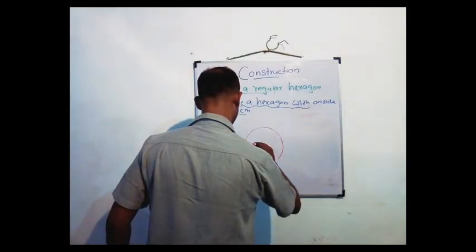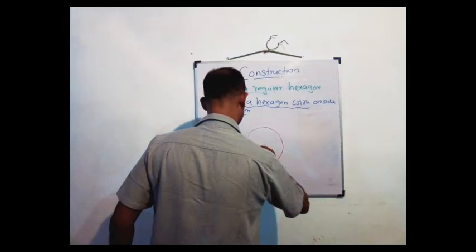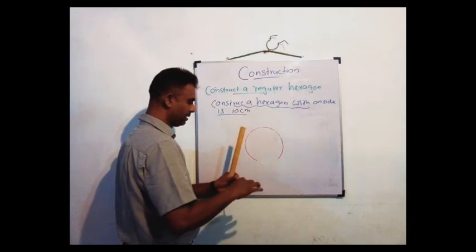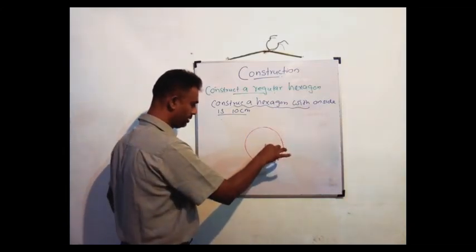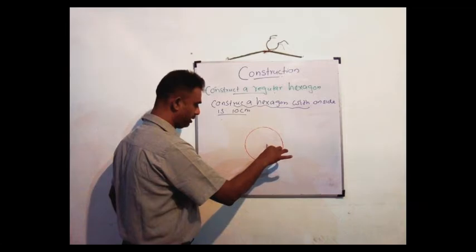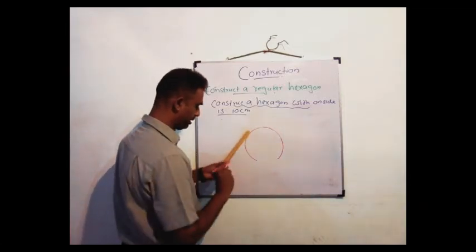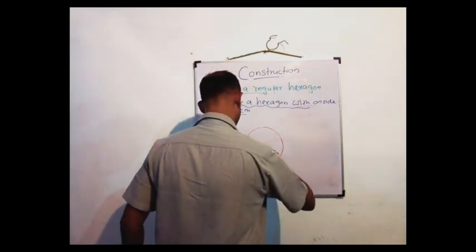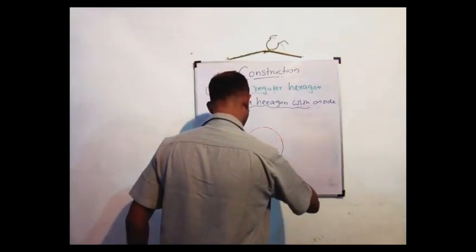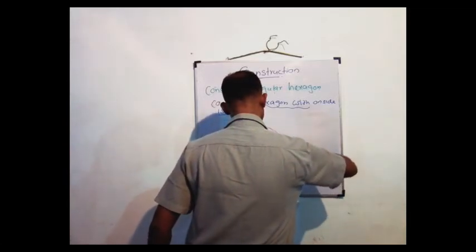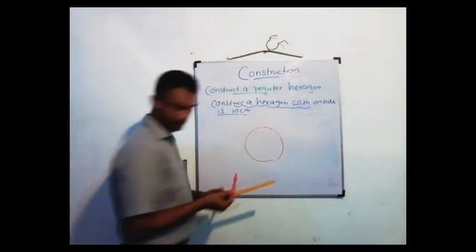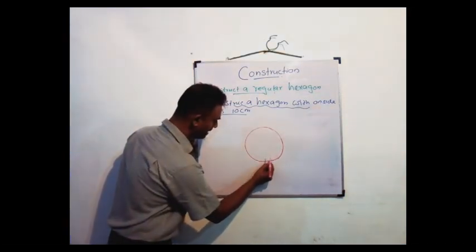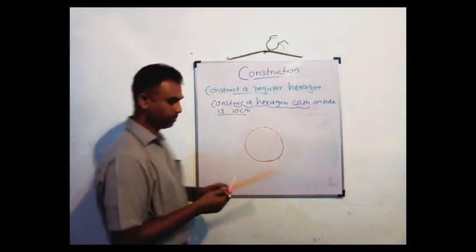You want to draw the circle in one go. It's very difficult to do this with the board. However, I draw a circle with 10 centimeters by using compass.